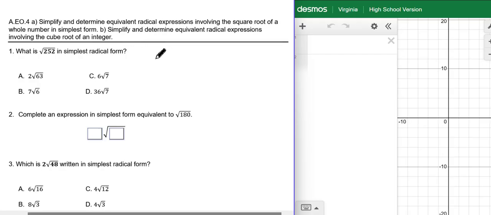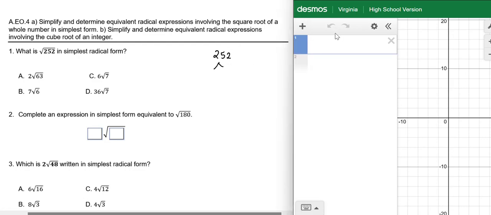So what we want to do here is look at perfect squares that are underneath 252. We can take 252 and start breaking it down, dividing it by some perfect squares that we know.